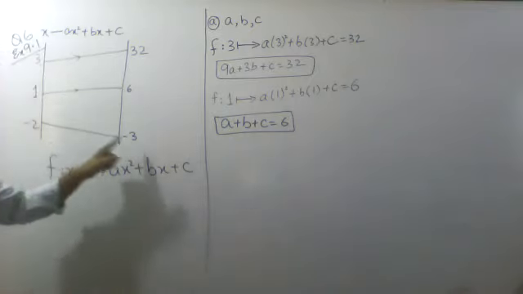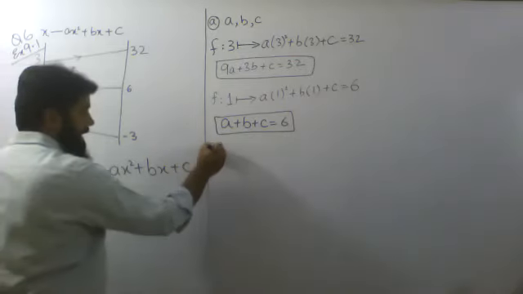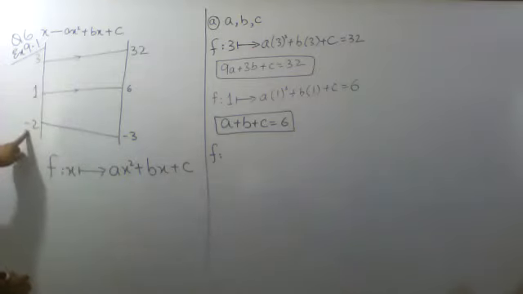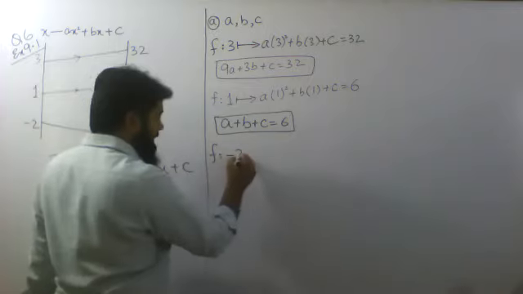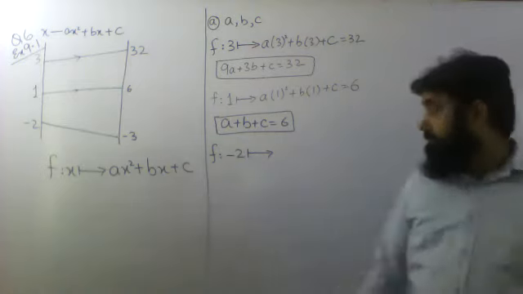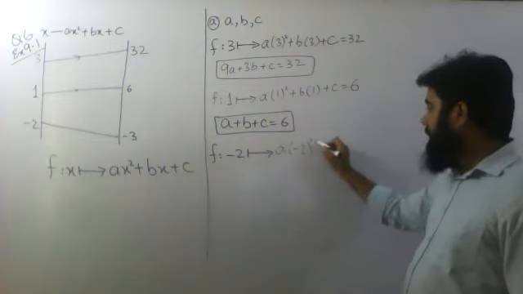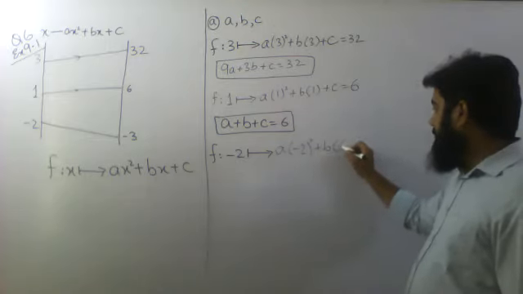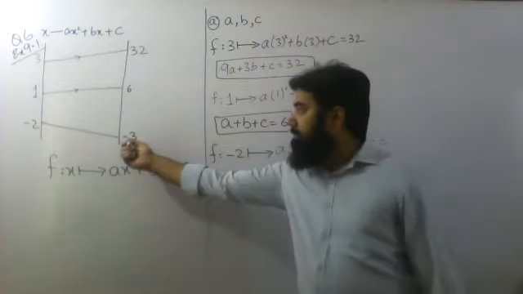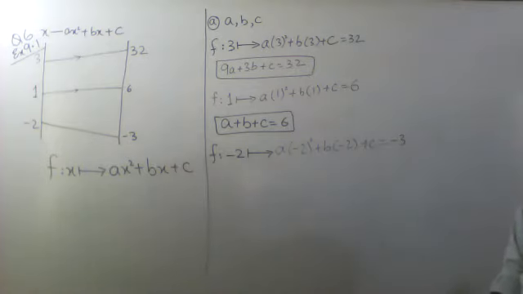Now, I have got another set also. So f of x replaced by -2, such that a times (-2) whole squared plus b times (-2) plus c equals -3.